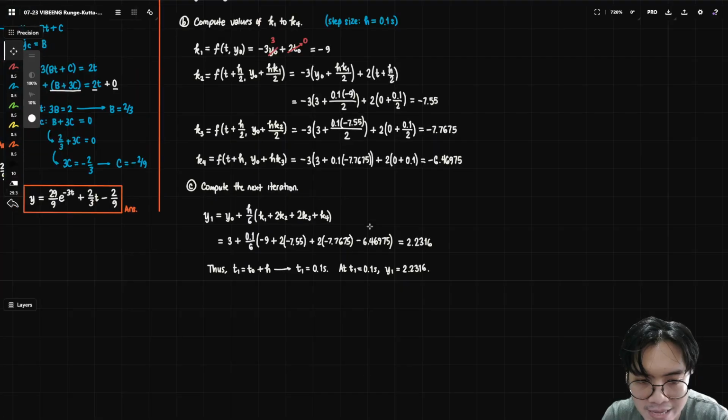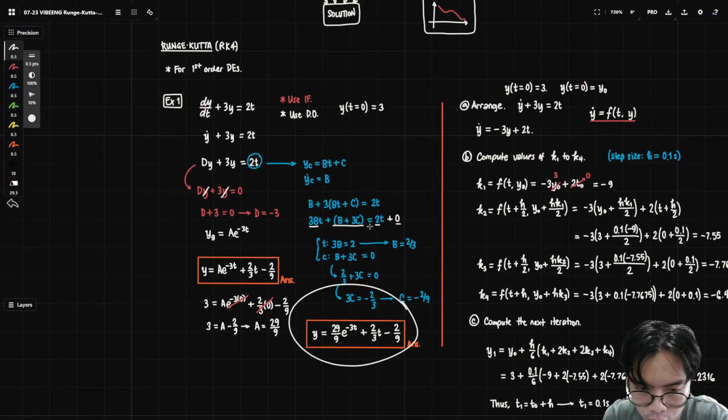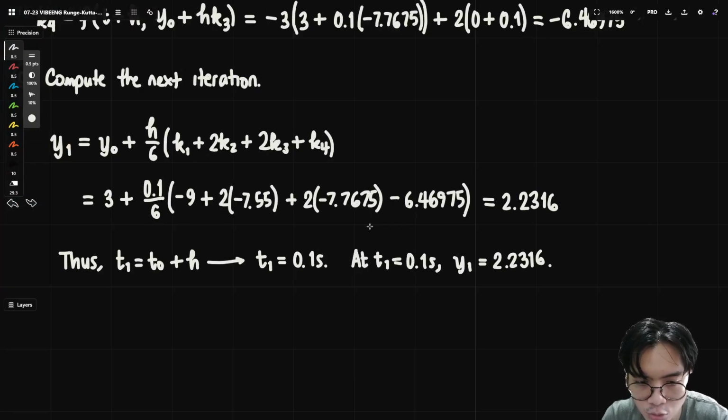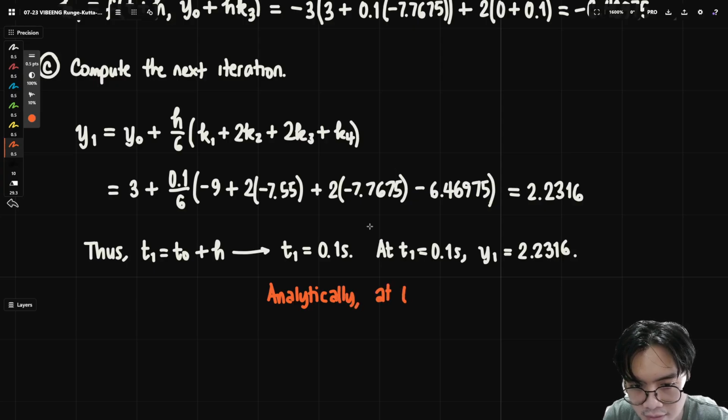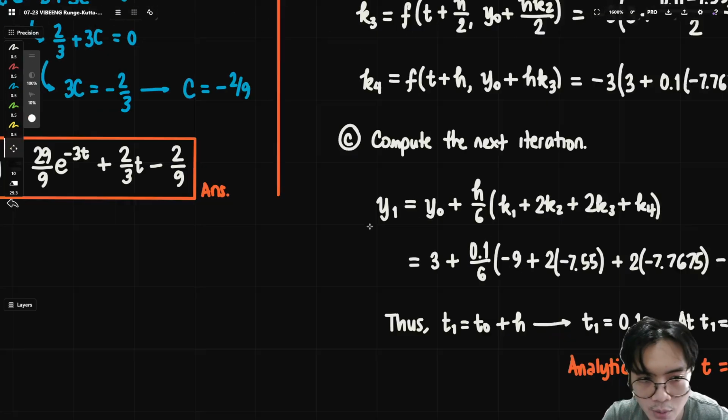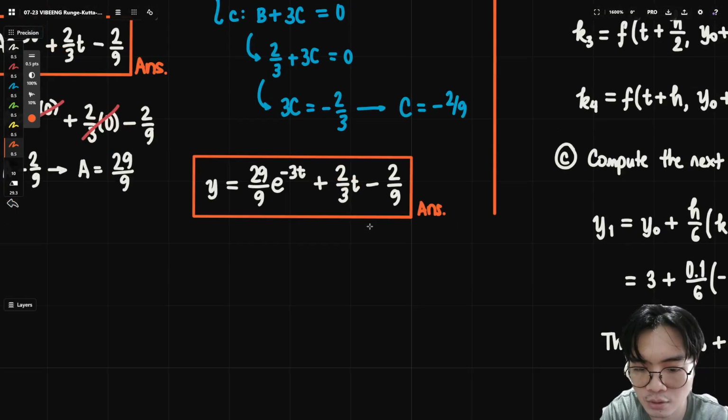Itapat natin siya based on our analytical solution. Right? Based on our analytical solution, analytically, right, at t equals 0.1 seconds, let's just put in here our y value. Lalagay natin dito. 29 over 9 e raised to negative 3 times 0.1 plus 2/3 times 0.1 minus 2 over 9.